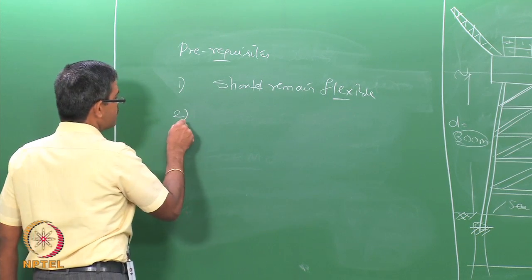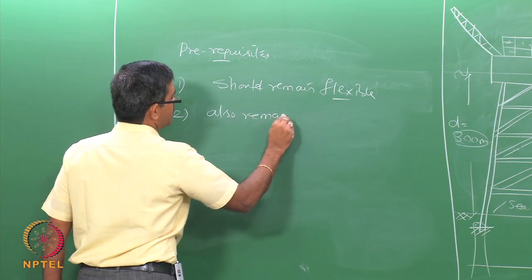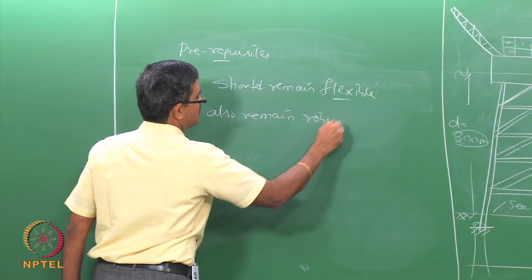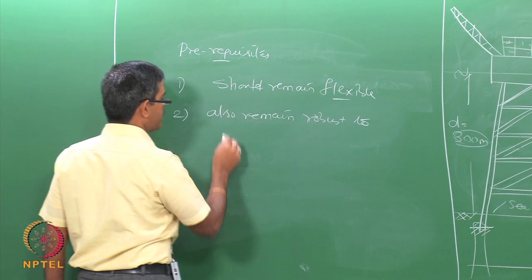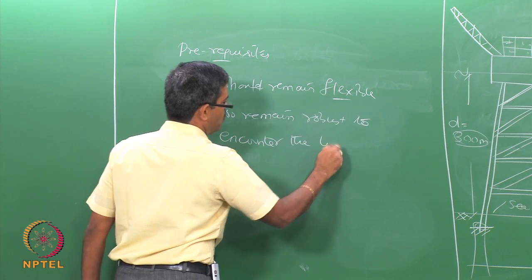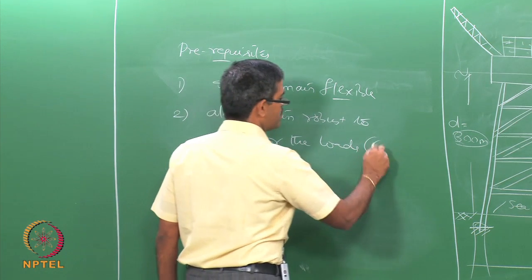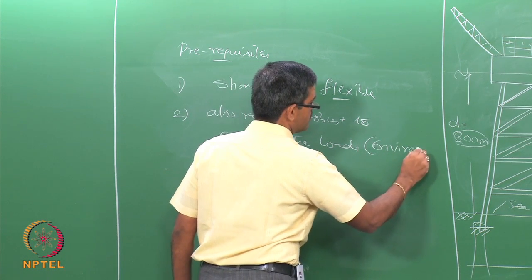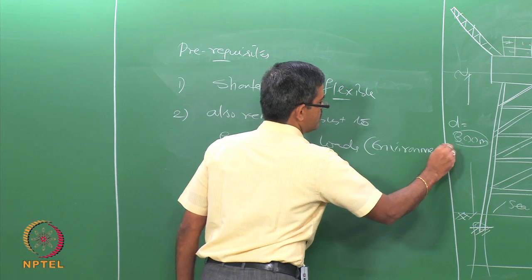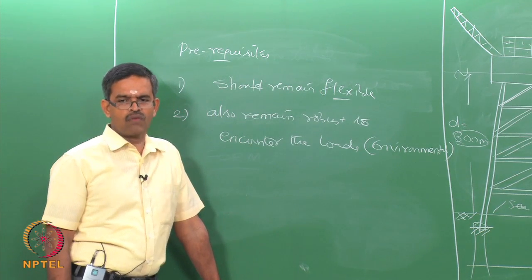At the same time, it should also remain robust to encounter the loads. I will also say very clearly environmental loads. There are a variety of environmental loads which act on the structure or offshore structures.